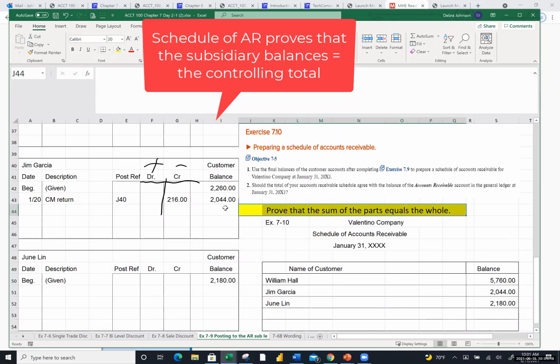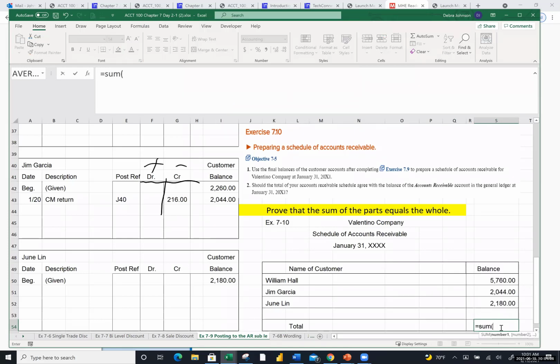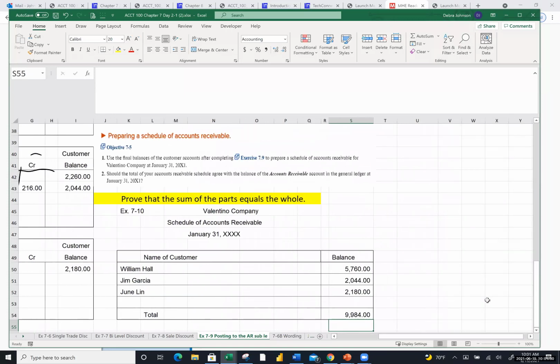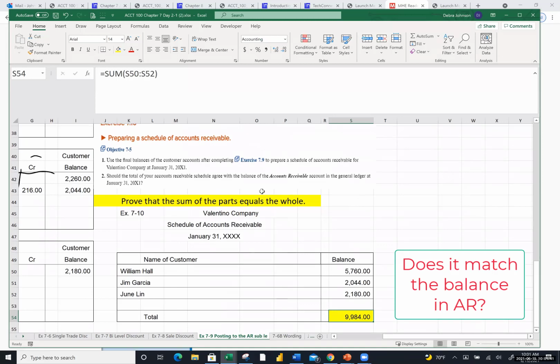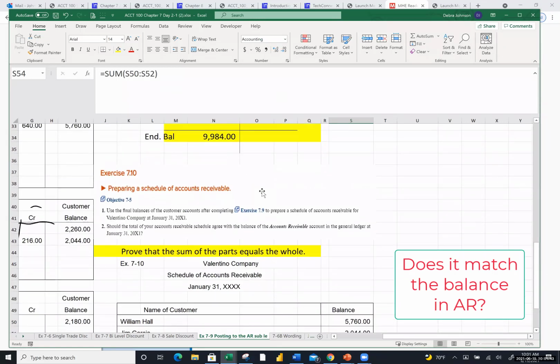To prove that the sum of the parts equals the whole, I'm going to total this up. So I'm just going to write total. And I'm going to go in and let Excel, using an equal sum, sum that up. Now, what you better see, and I'll highlight this, that balance right there has to balance that controlling total in accounts receivable. So I'm going to scroll up and make sure that it does.